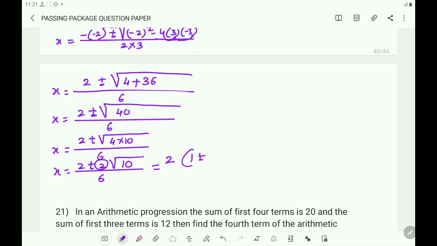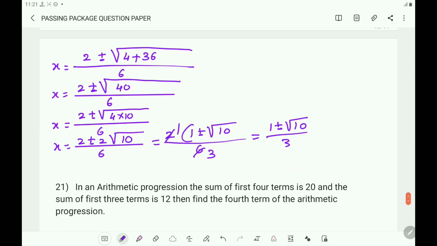Again this 2 is removed as a common. Only root 10 is remaining. That divided by 6. Then you can cancel 2 1s are 2 3s. 1 plus or minus root 10 divided by 3. Then what are the roots? X equals 1 plus root 10 by 3, or x equals 1 minus root 10 by 3.